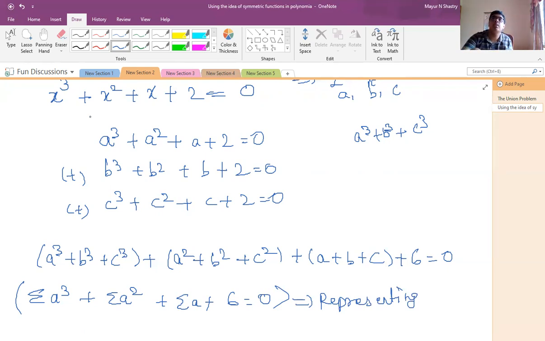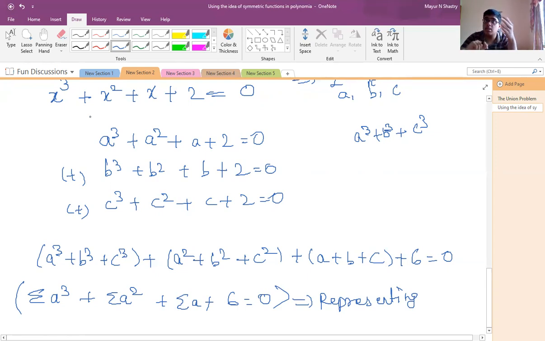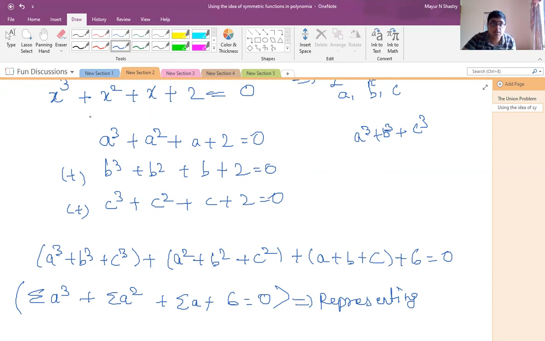This is just a way of representing it, which will make it quicker to apply. You can directly see it from the equation, it's a direct step. But from where does it come? You write this down like this. The roots of the equation are a, b, and c. So we have a cube plus a square plus a plus 2 equals 0, b cube plus b square plus b plus 2 equals 0, c cube plus c square plus c plus 2 equals 0. And we add them up. So that's how we do the procedure. And once you get enough practice, you can write it directly.